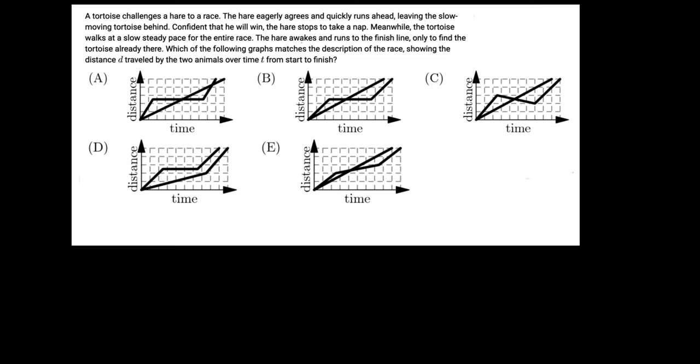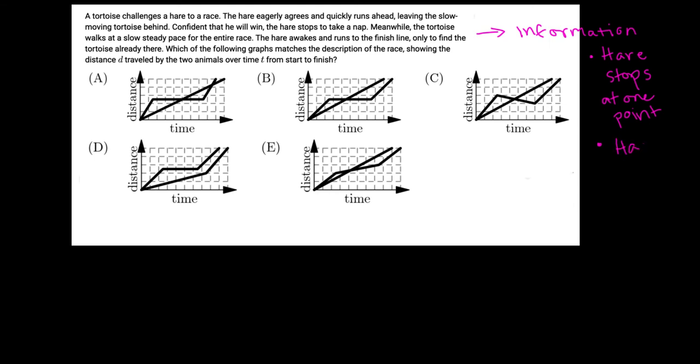The way that I like to solve these problems is to break down the information that is given. So what is that information? For one thing, we know that the hare stops at one point. Next, we know that the hare quickly runs ahead at first.